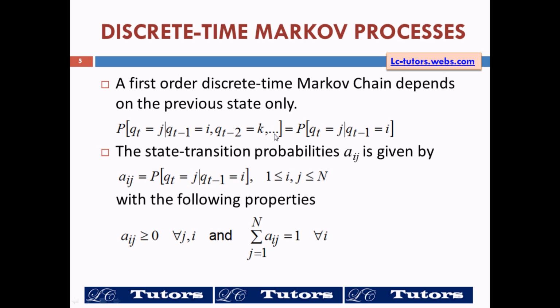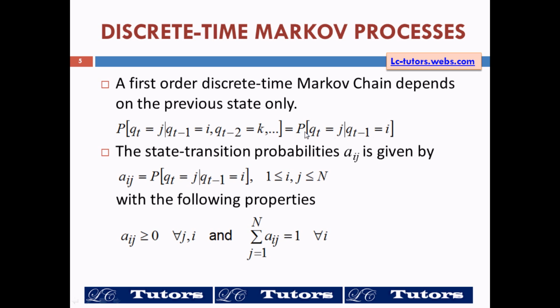But if it is a first order discrete time Markov chain, then it will depend only on the previous state, that is qt minus 1. That means qt minus 2 can be dropped here, and this statement can be reduced to the probability of qt given qt minus 1.